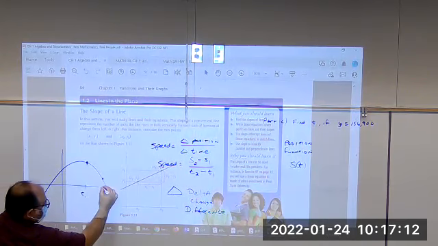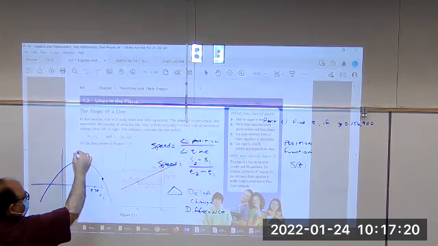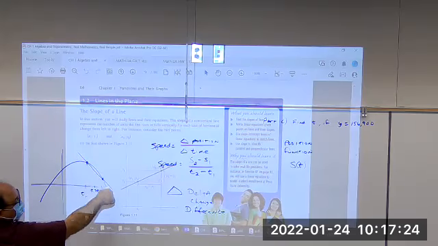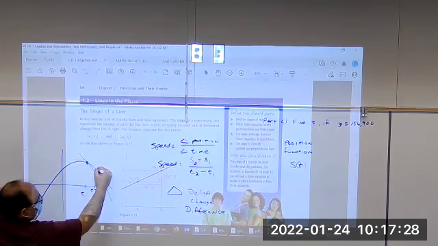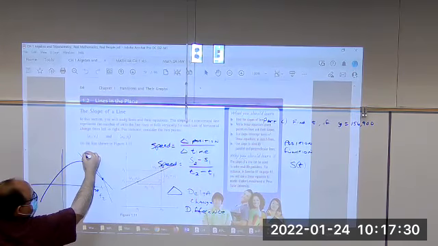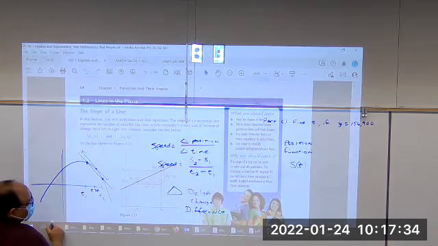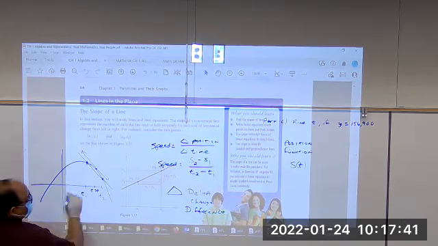Over here is my second time and second position, and let's say here's my 5.78. The slope between those two would be the average velocity to get from here to here. I want instantaneous: what is exactly my speed right here?